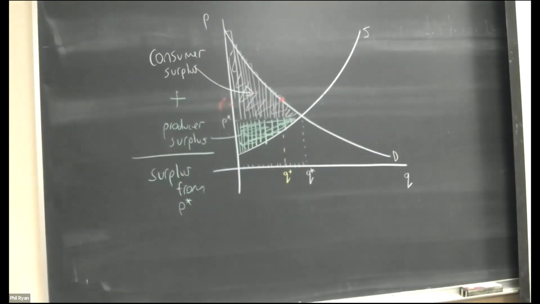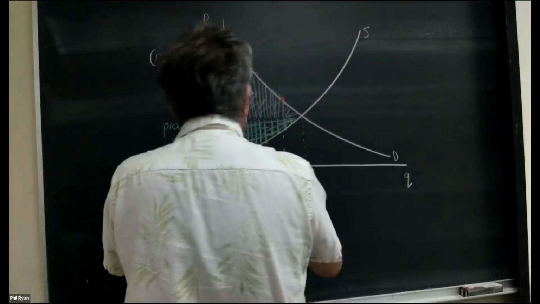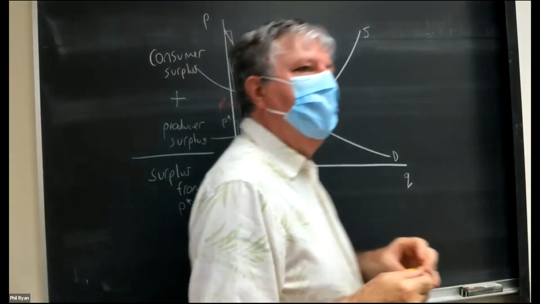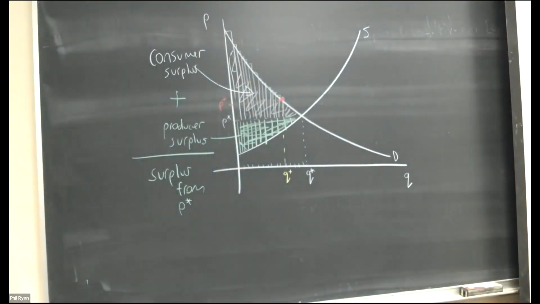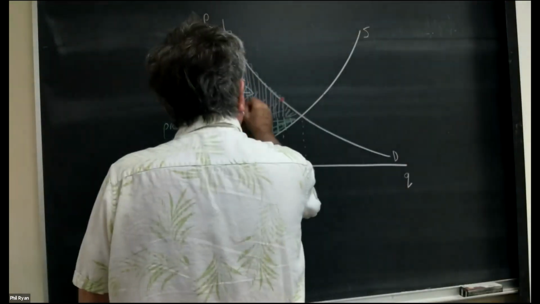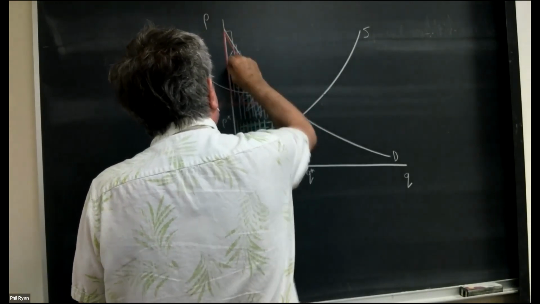Okay, and so now let's have a look what happens. So now this is the price. And now let's have a look to see what happens to the consumer surplus. So what happens to the consumer surplus? It shrinks, right? And it shrinks to this amount here, to this area here.